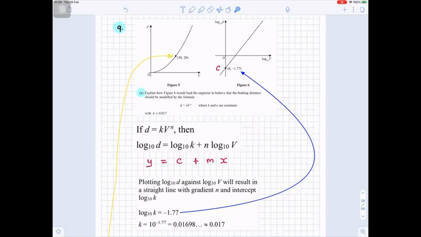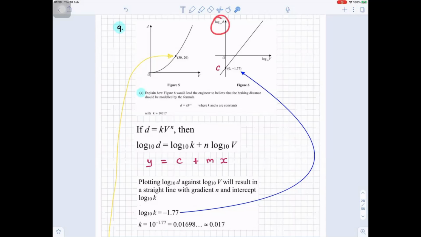And this looks like y = mx + c. So when they plot log d as the y on the graph against log v as the x, you will get a straight line with gradient n and intercept log k to the base 10.